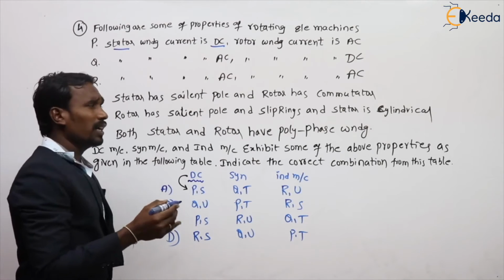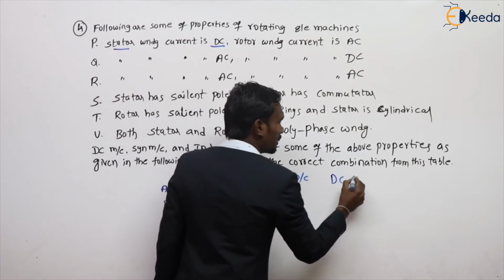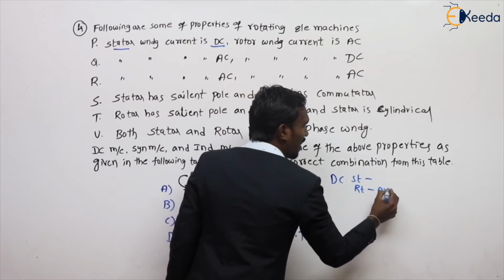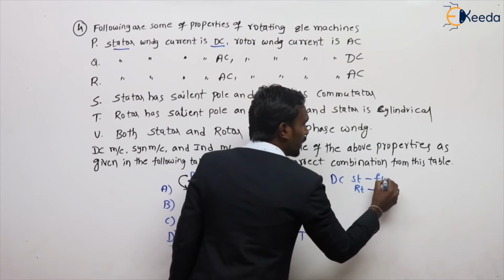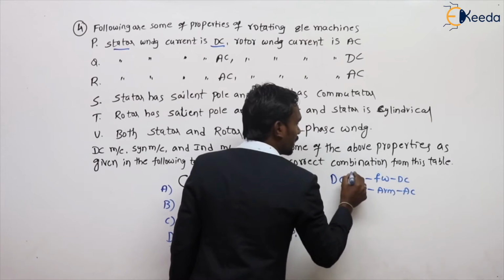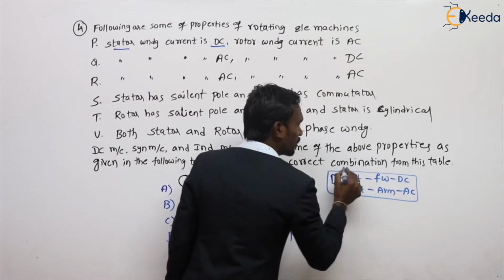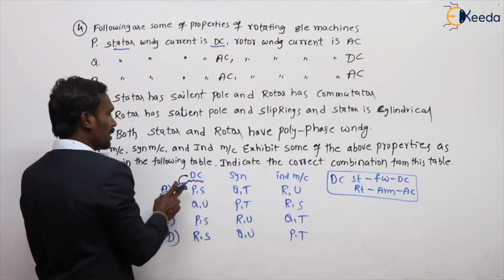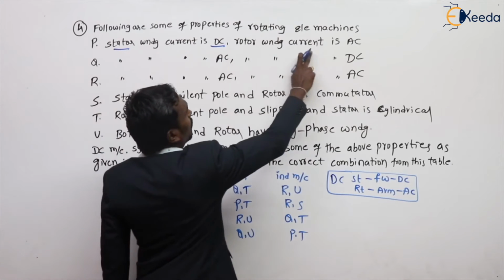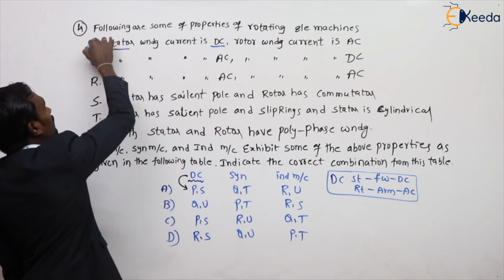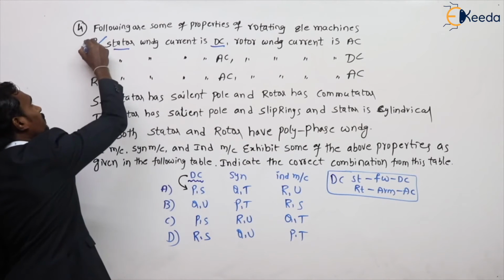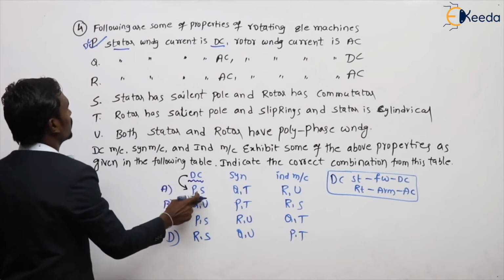In a DC machine, the stator has the field winding and the rotor has the armature. Always field winding DC, armature winding AC. Stator winding is DC, rotor winding is AC. 100% correct answer. Option P for DC.